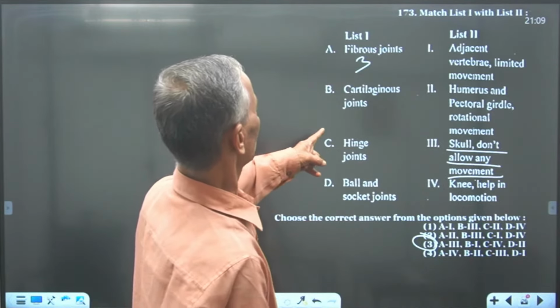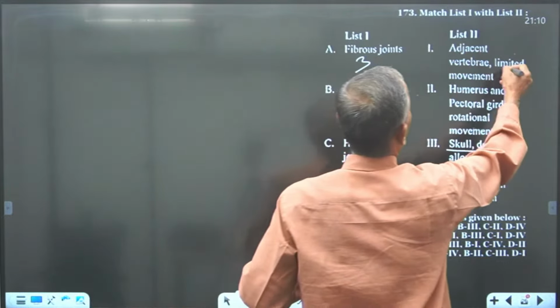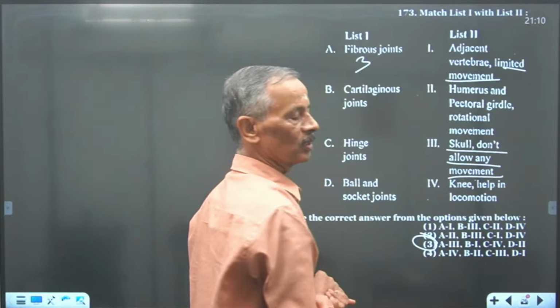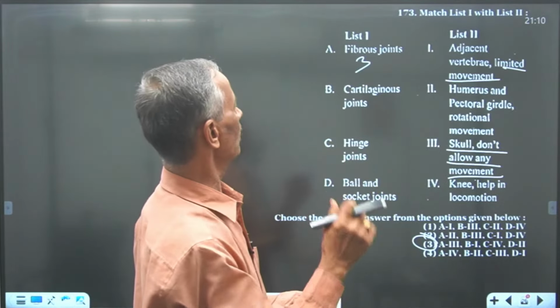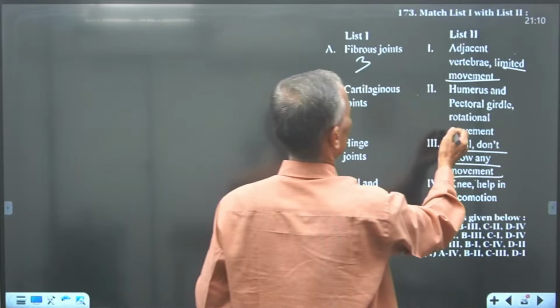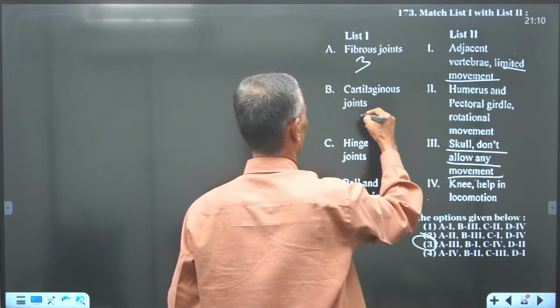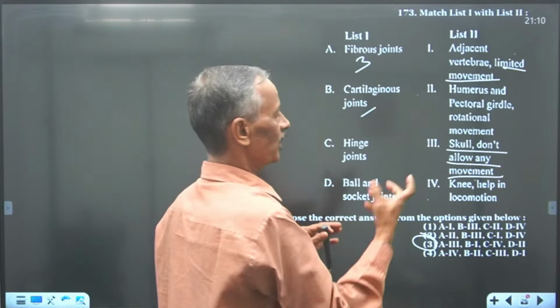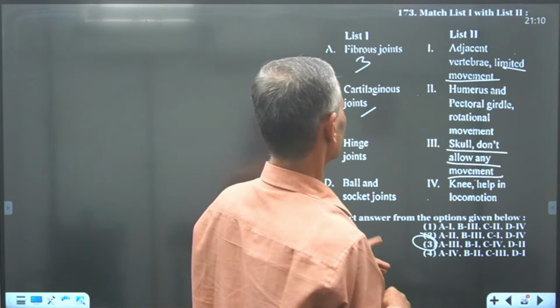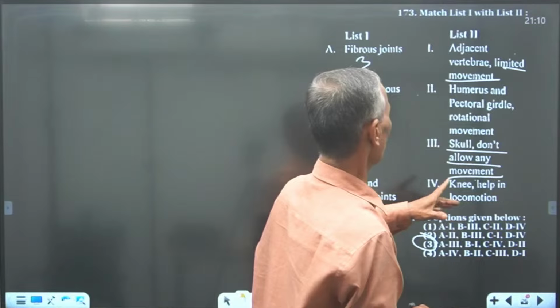Cartilaginous joints. Limited movement. It is allowing some degree of movement, slightly movable joints. And classical example is the vertebral column. Hinge joints. See, hinge joints are moving only in one direction.